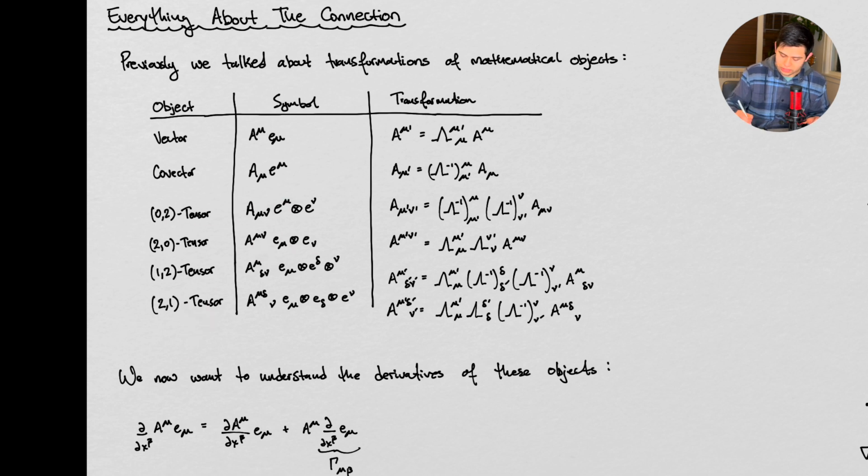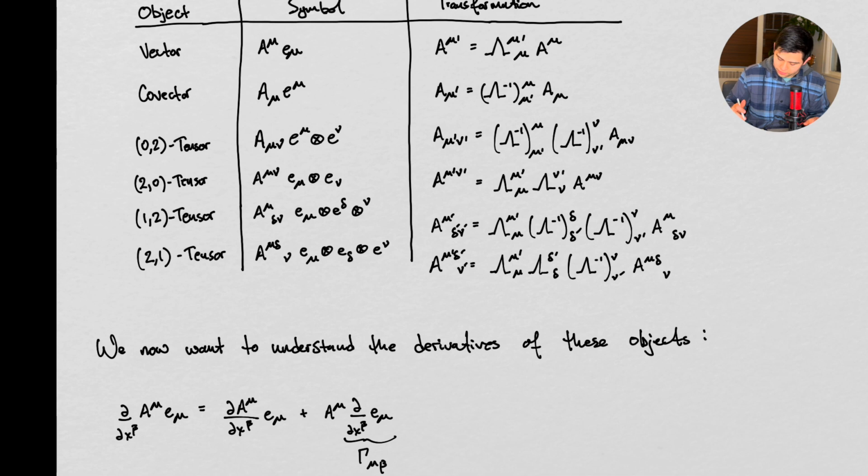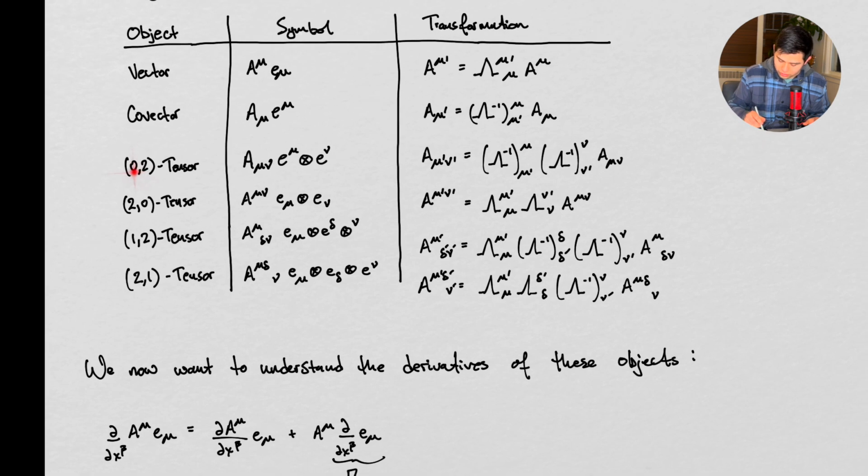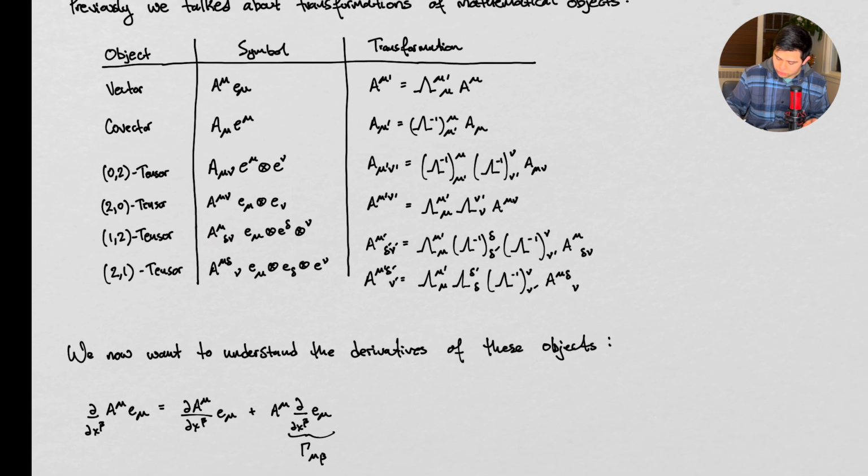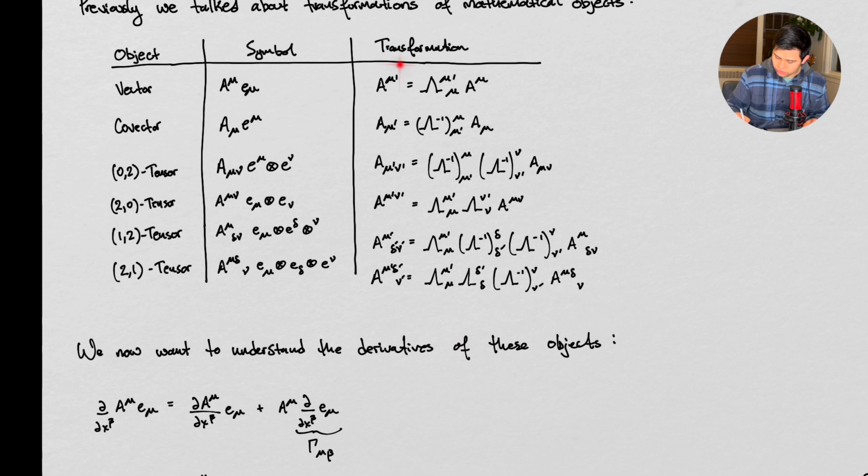And we can keep on going down the list, right? We can have (3,2) tensors and (4,7) tensors and so forth. These are just examples that I have in this table. So, for example, a (0,2) tensor has 2 subscripts, a (2,0) tensor has 2 superscripts, a (1,2) tensor has 1 superscript and 2 subscripts, and so forth. And then their transformation rules are listed right here.